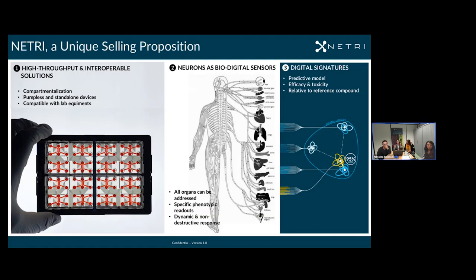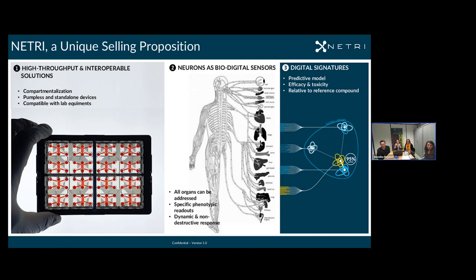The idea with our devices is that we today have a unique solution which, first, mimics the physiological compartmentalization that you do not have in classic 96-well plates.